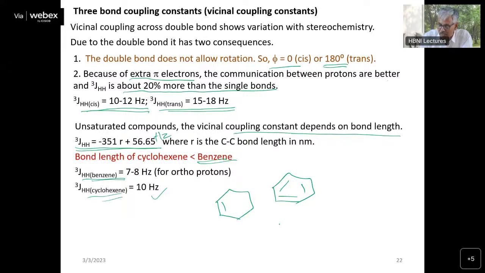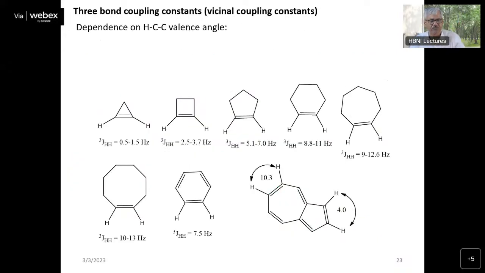That's why the pi bond length in benzene is greater than pi in cyclohexene. And that is clearly visible in their coupling constant.